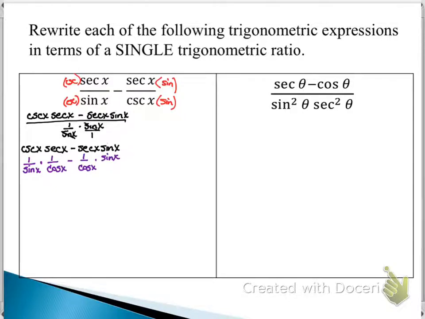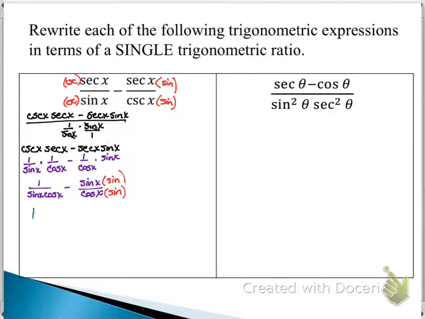And then you do the same thing with getting the same denominator on this one. So then I would end up multiplying by sine x here. I'm just abbreviating because I don't want to be worrying about all of this. I'm using up all the space.